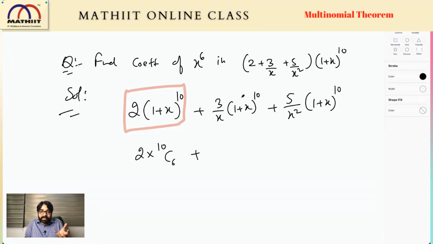This will become x power 6 only when this gives you x power 7, because x is in the denominator. So we'll say 3 into 10C7. And here, this has to give you x power 8. So plus 5 into 10C8.